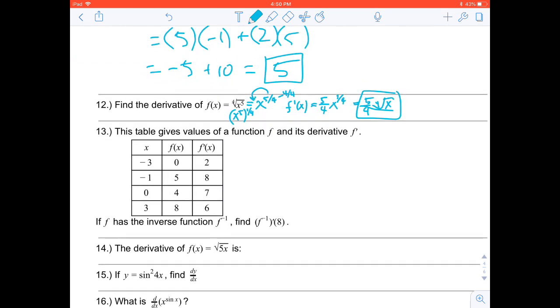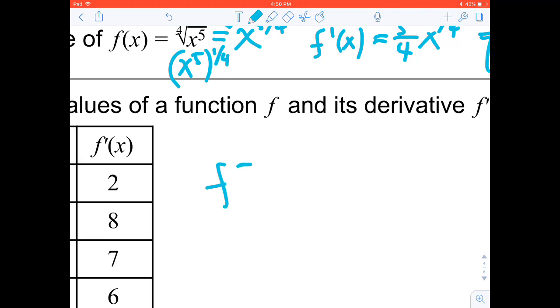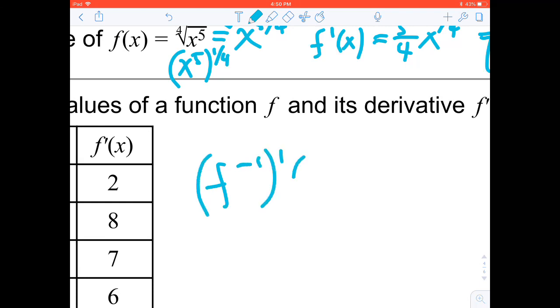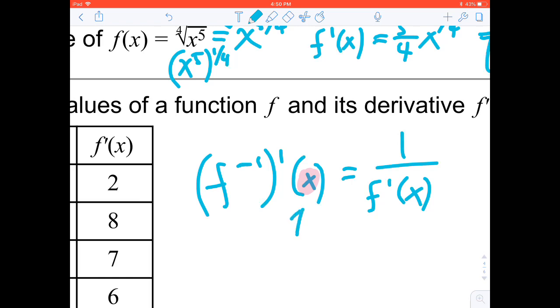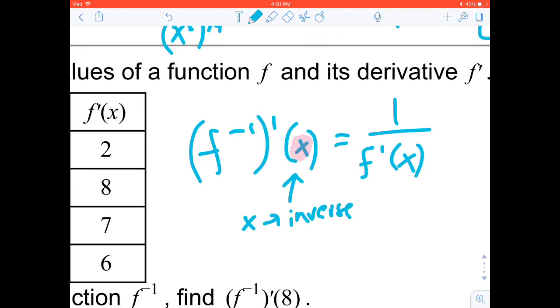Okay, 13. These are always a little bit tricky, so you need to make sure that you know that the derivative of any inverse function is equal to the reciprocal of the derivative of that function. But now this x value is the x for your inverse function, but it's the y value of your f of x.